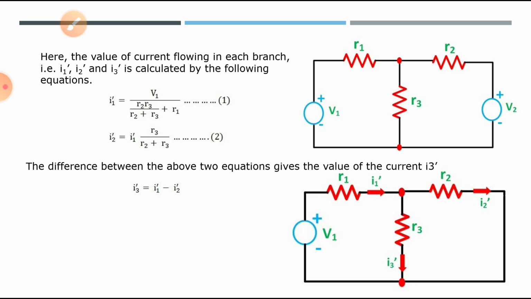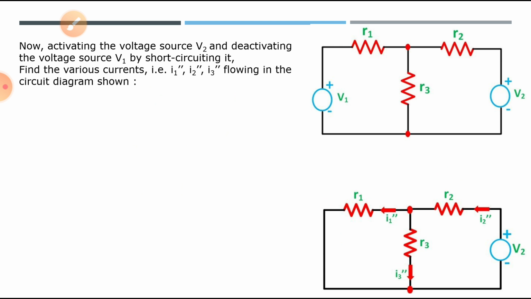Now, in the second case, what are we going to do? In this second case, we are going to assume V2 alone, V1 shorted. Let us do it. Now, activating the voltage source V2 and deactivating the voltage source V1 by short circuiting it, because no internal resistance is given.